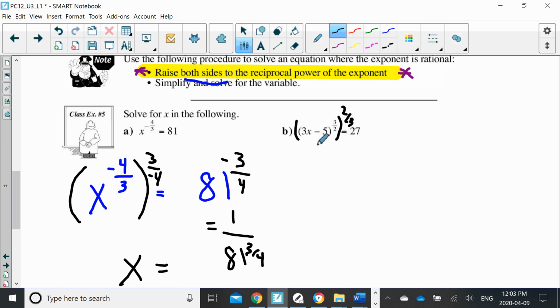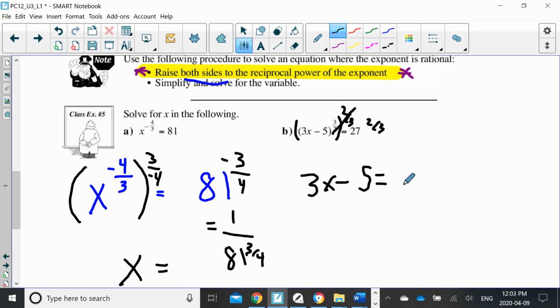If I raise the left side to 2/3, then I'm going to raise 27 to the power of 2 over 3. 3 over 2 times 2 over 3 just turns into 1. So then I have 3x minus 5 is equal to 27 to the 2/3.